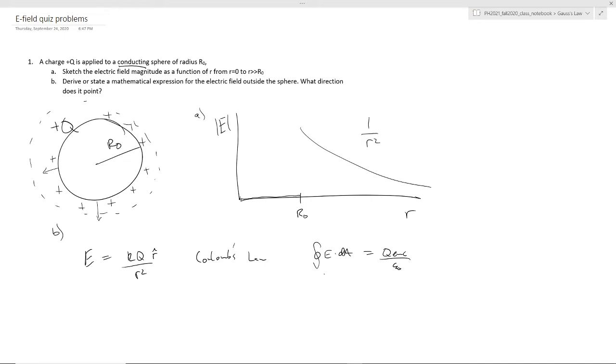Now remember, since the electric field and the area elements of that Gaussian sphere are aligned because it's a sphere as well, this becomes E times just an integral over the area. And this is just the area of the sphere.